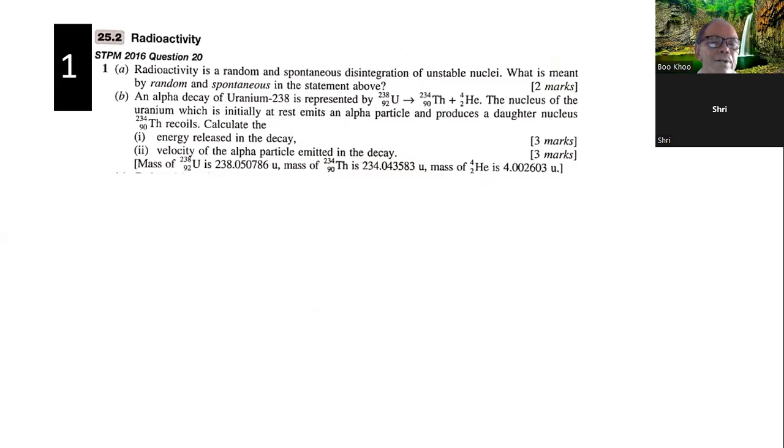Okay, radioactive decay is random and spontaneous disintegration of unstable nuclide. What is meant by random and spontaneous in the statement above? Right, your SPM work. Yep. What is random?